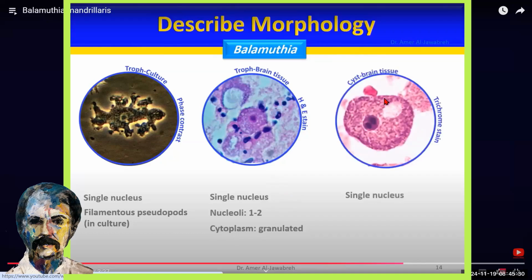Here this is a trophozoite, single nucleus, yes, but in the middle we have binucleoli or bikaryosomes. They call them nucleoli more than karyosome. So multiple nucleoli, that's 1 and 2, very clear. We see here we have cytoplasmic granulations, we have a vacuole here.